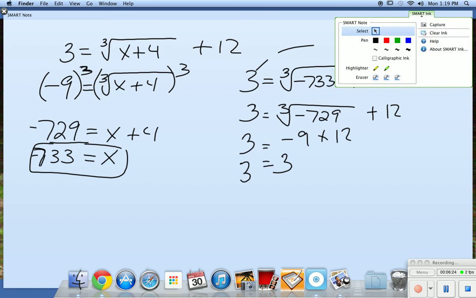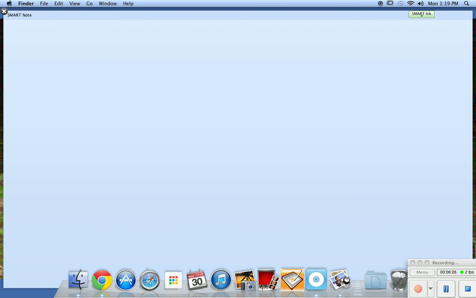Inequalities. A couple things we need to remember about inequalities, because you're going to be doing some of these. If I have a negative number and I divide or multiply by a negative number, what happens to the sign? It flips it.